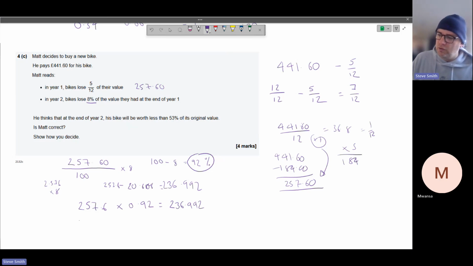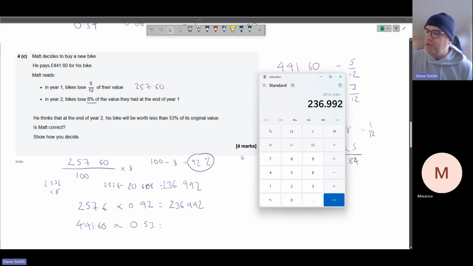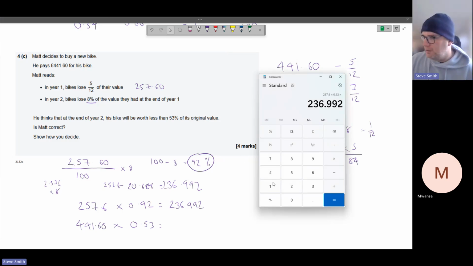Original value 441.60 times by 53%, 0.53. So that's how to work out a percentage of an amount: you get the decimal and you multiply it by it. 441.60 times by 0.53.